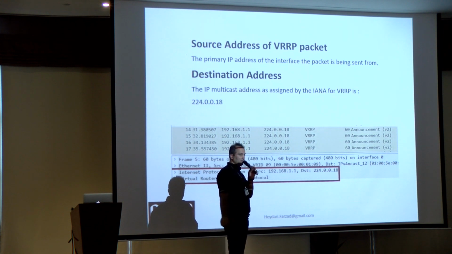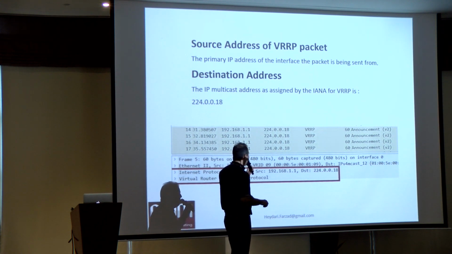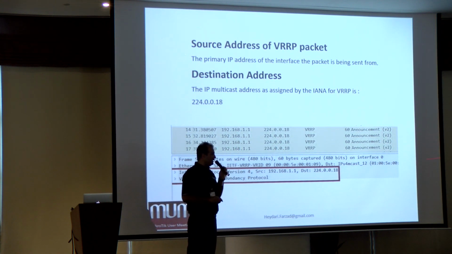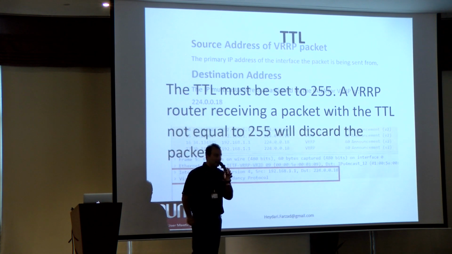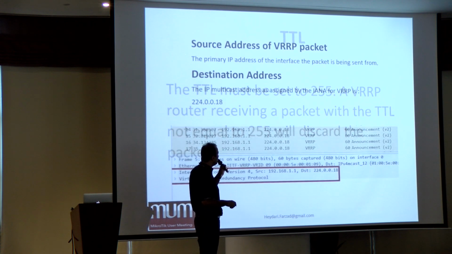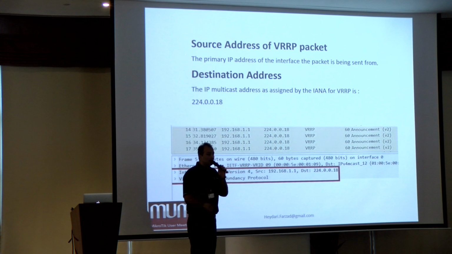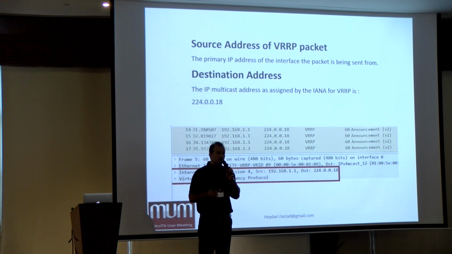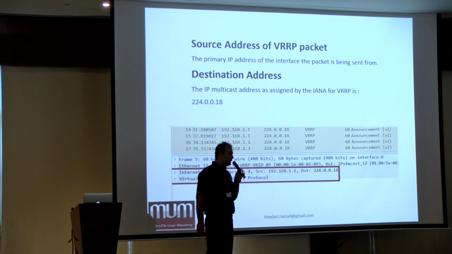This is the multicast IP, as you know, that is assigned by IANA, Internet Assigned Numbers Authority. This multicast address is reserved for the VRRP group.